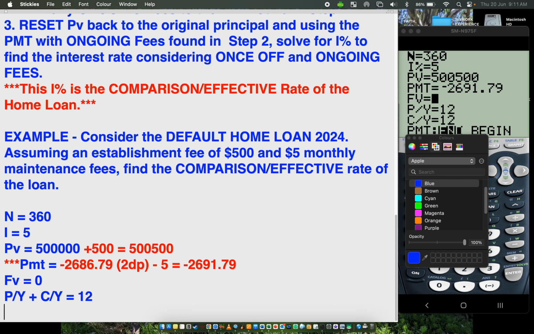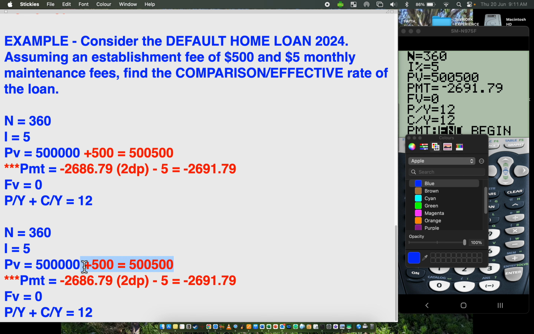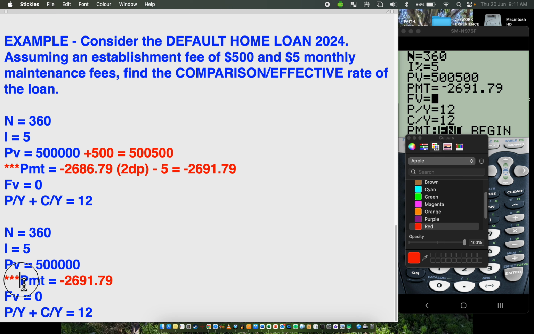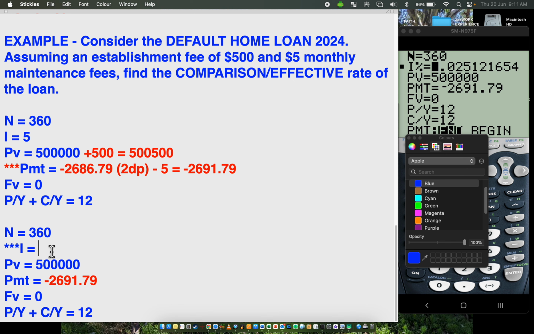So now the last step is this. You do another TVM, but you go back to what the loan was for. The loan was $500,000, but I'm paying $2,691.79 every month to pay it off. So my interest rate is not actually 5. It's slightly higher than that. So we work that out now. 360, 500,000, 2691.79. If I solve for I, that's going to say the interest rate is actually 5.03% to 2 decimal points.